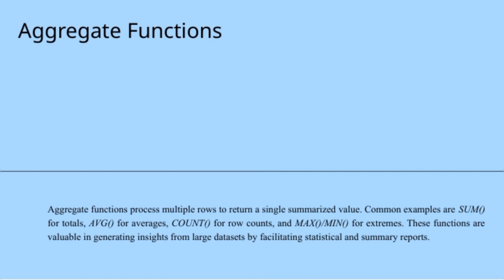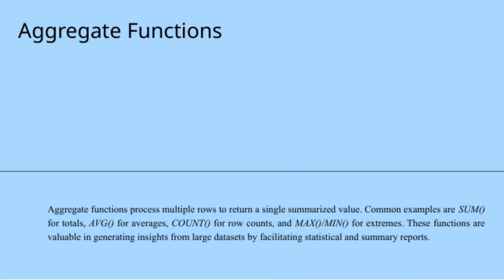COUNT is used to determine how many rows or entries exist, which is useful for understanding the size of our dataset. And functions like MAX and MIN help us identify the extreme values, highest and lowest points, respectively. These aggregate functions are especially valuable when working with large datasets because they simplify complex data into understandable summaries.